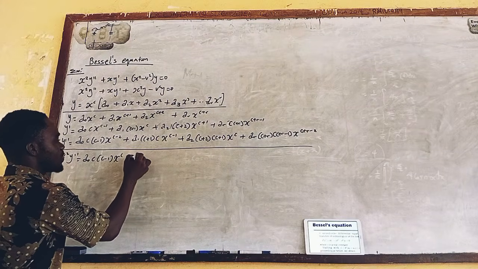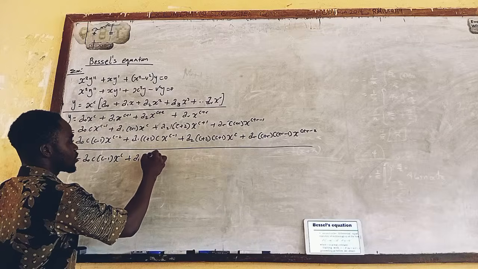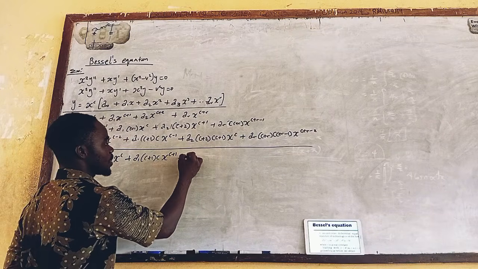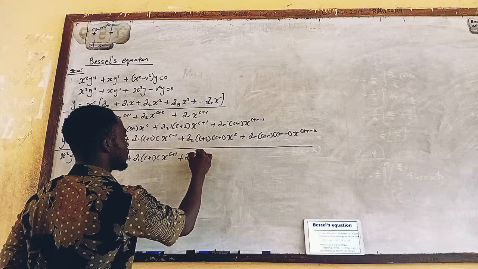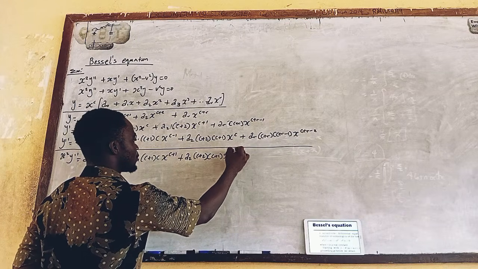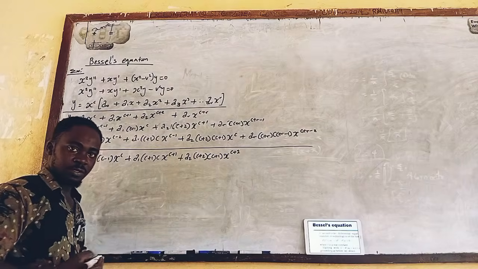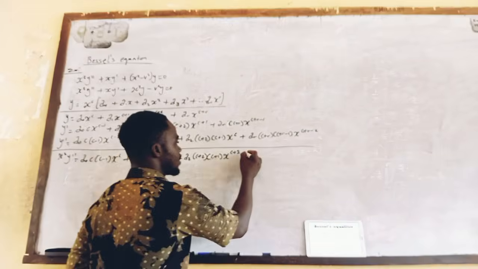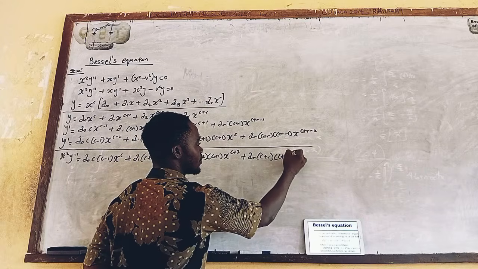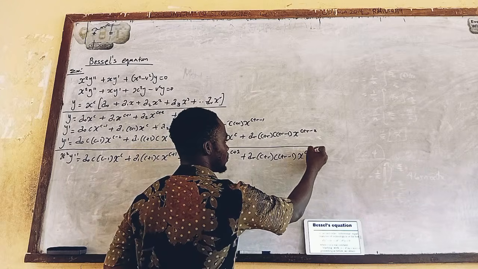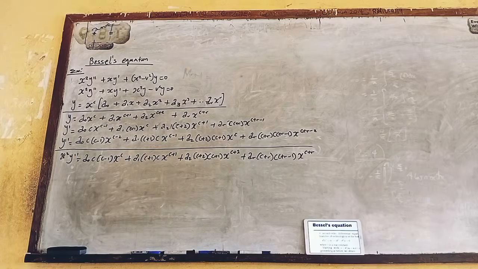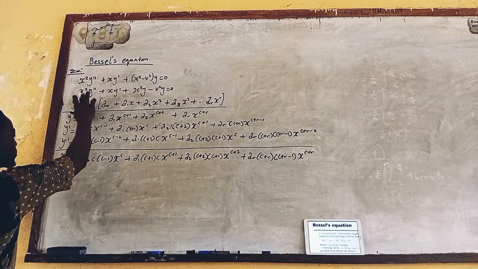So the next one will be a1 (c plus 1) c x raised power c plus 1. The next one is a2 (c plus 2)(c plus 1) x raised power c plus 2. We are adding to the power of x's, plus ar (c plus r)(c plus r minus 1) x raised power c plus r. The 2 here we eliminate. That's for the first one.